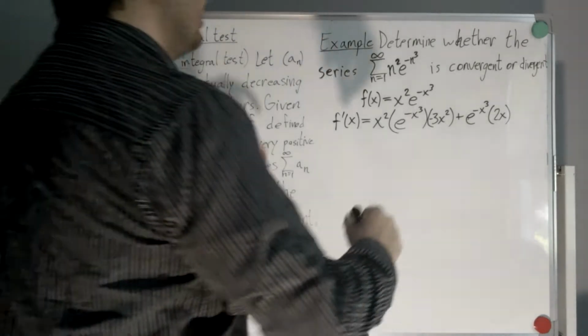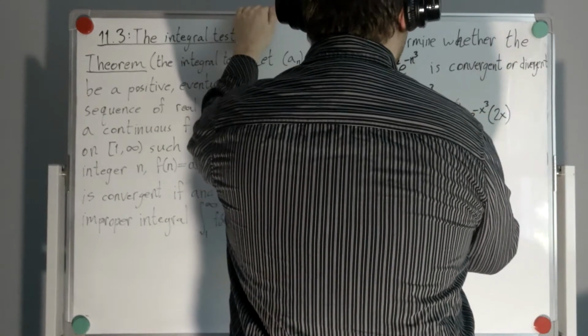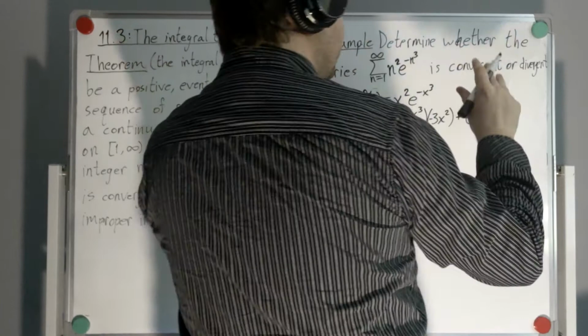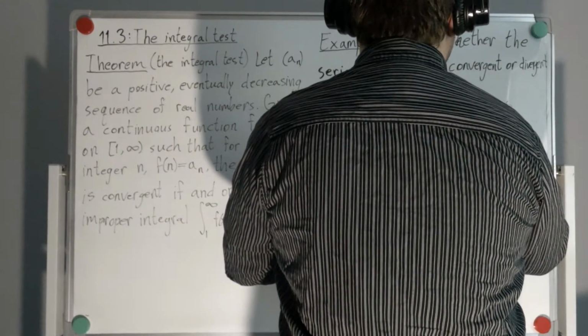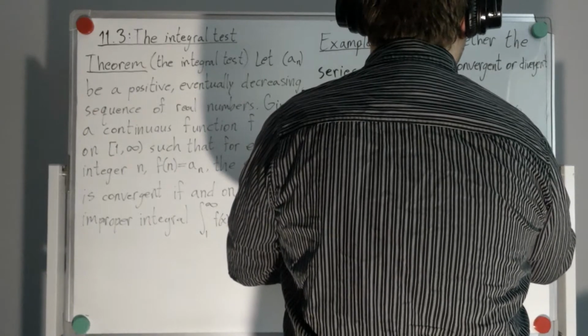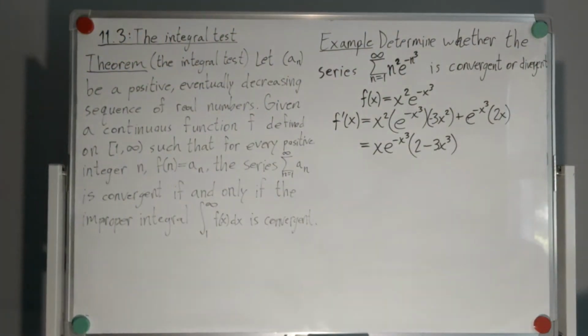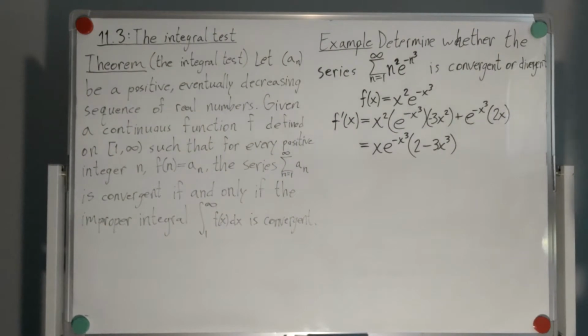Now, if you clean this up a little bit, what you get here is x times e to the negative x cubed, and then we have here 2 minus 3x cubed. Right? Just doing a little bit of combining like terms, factoring some stuff out there.